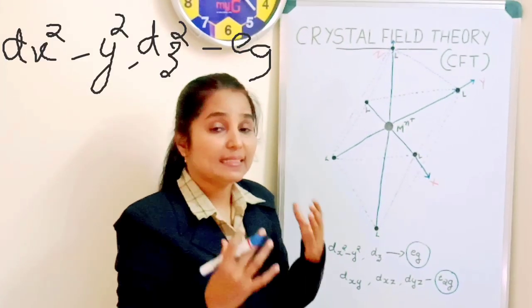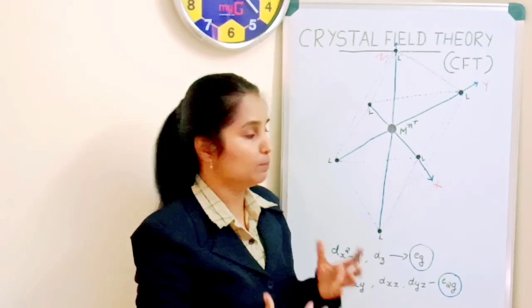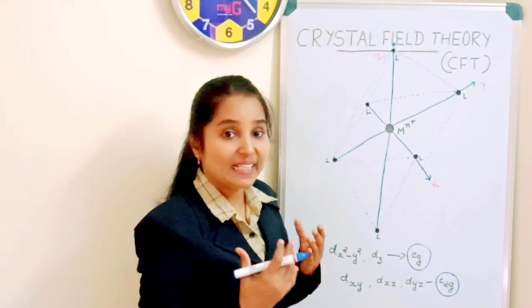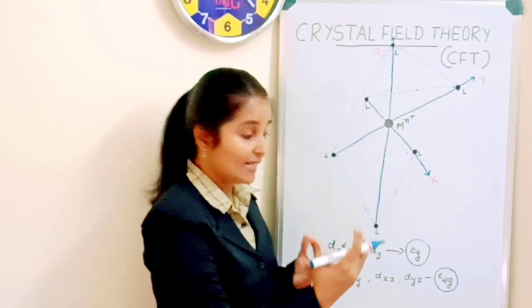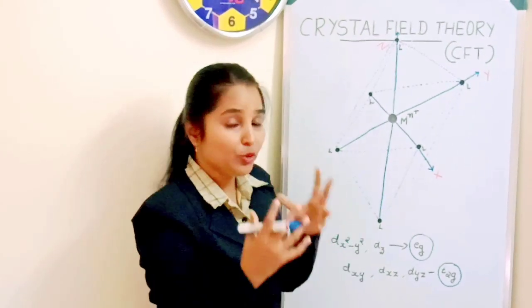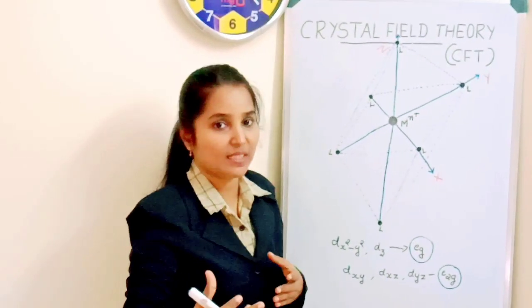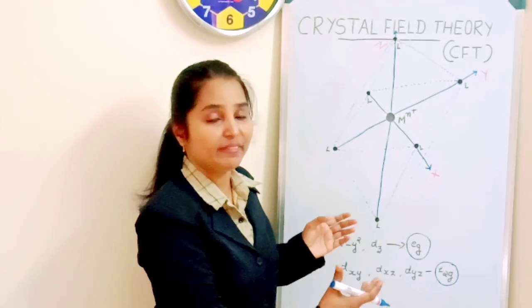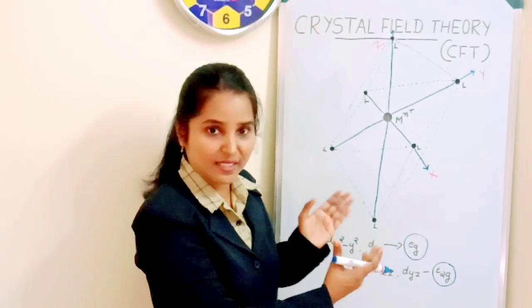When an octahedral coordination complex is formed, the ligands are approaching along the axis. That means the ligands are approaching the Eg set of orbitals, and you know that ligands are coming with their negative charge, a pair of electrons with them, and in the d orbitals of the metal ion we have that same negative charge because of the presence of electrons.